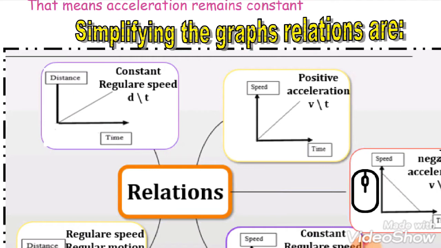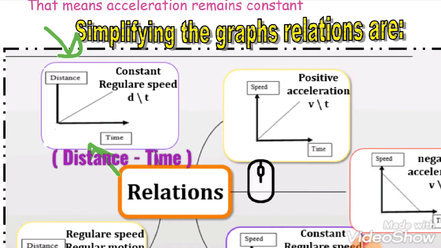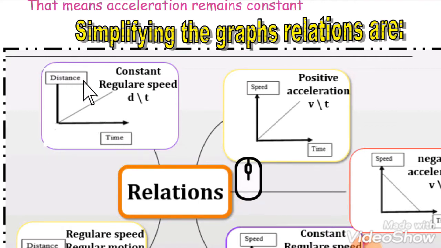What if I ask you to put them inside a graph? This type of graph, distance over the time. So we decide to choose this graph that represents two axes, one of them for the time and the other for the distance.